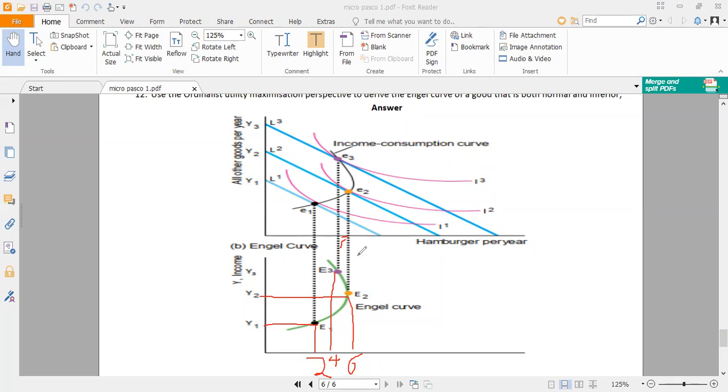But with a further increase in income, now he feels like he has a lot of money, so he doesn't have to buy junk food. So he reduces the quantity of junk food that he buys. So when he was poor, he saw the junk food to be a normal good. But as he's getting richer, he's seeing the junk food as an inferior good.